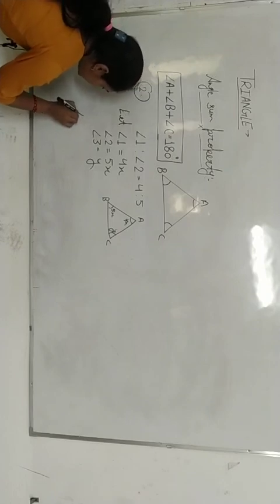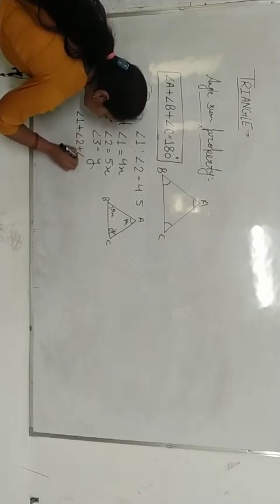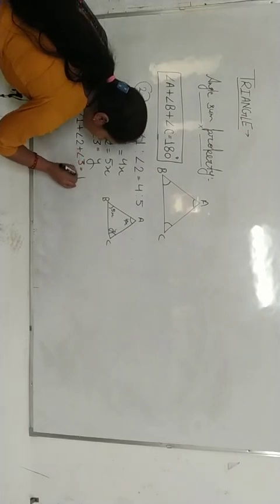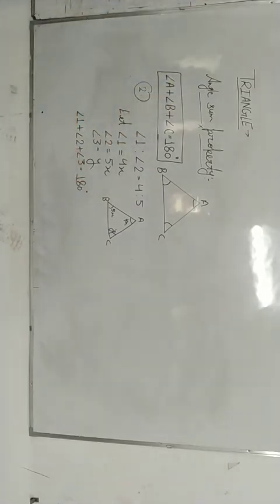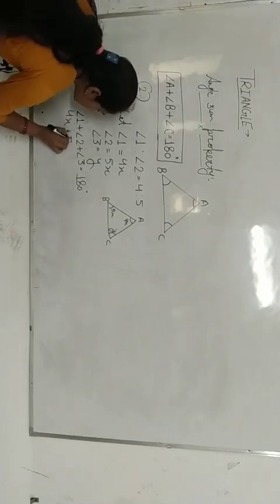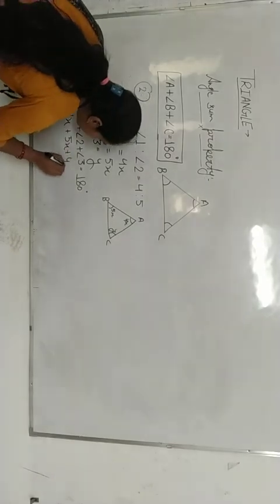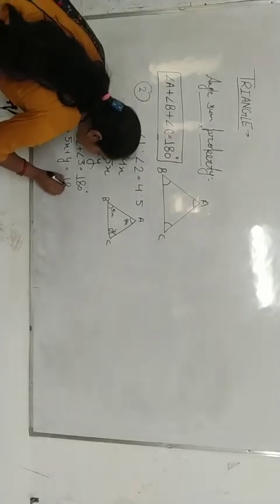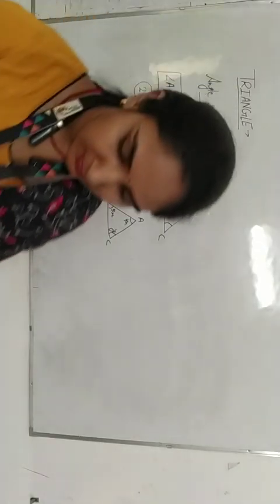The sum of these three angles should be equal to 180 degrees. Now angle 1 is 4x plus 5x plus y, which is equal to 180 degrees.